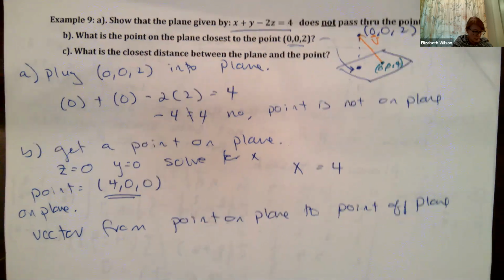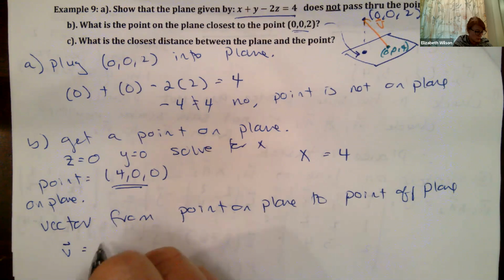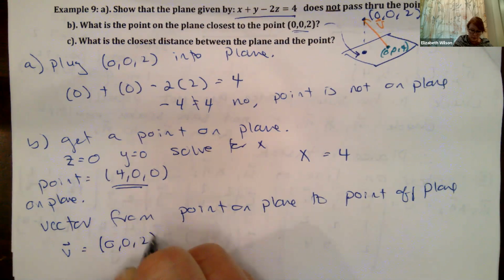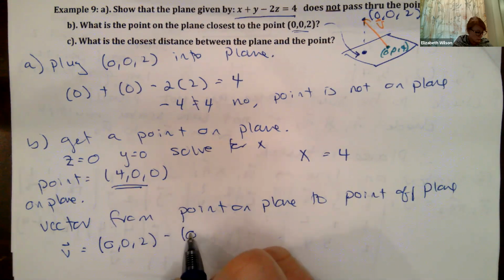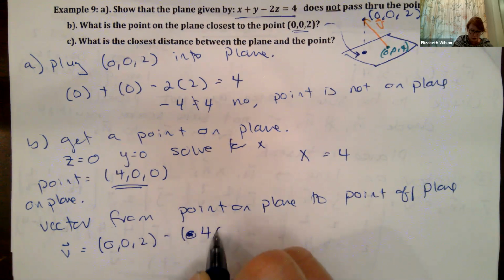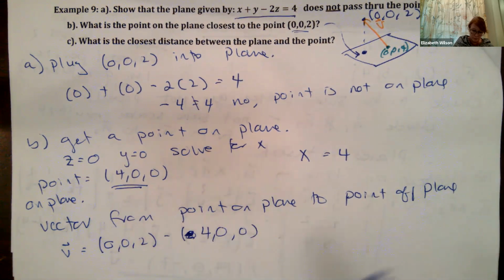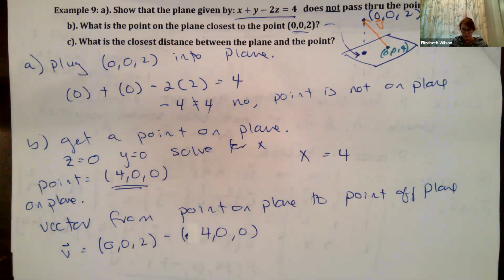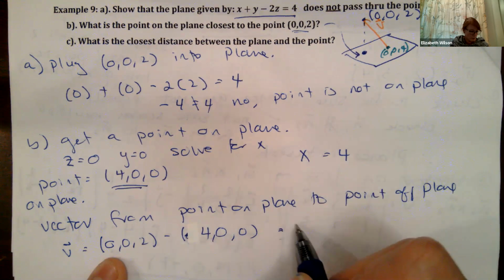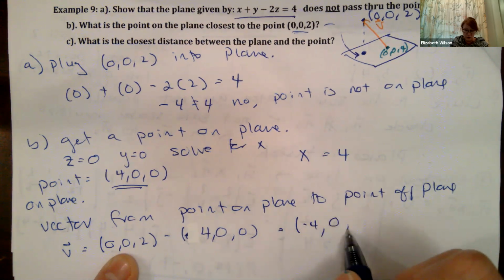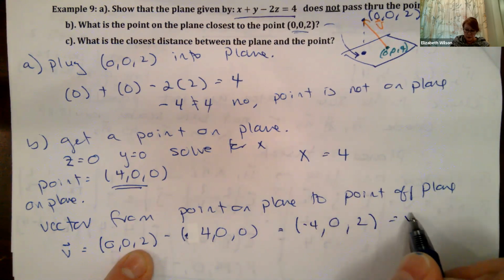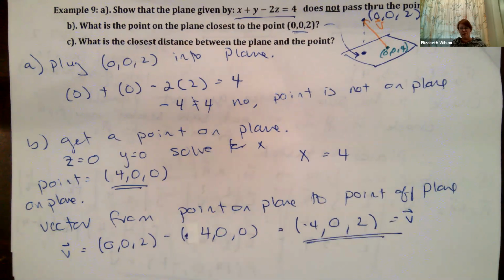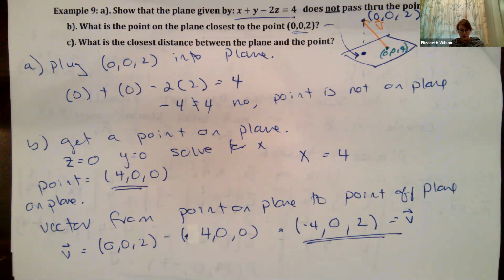Alrighty, so I'm going to go v equals 0, 0, 2 minus, oops, sorry, 4, 0, 0. Okay, so I'm going to get 0 minus 4, minus 4. 0 minus 0 is 0, 2 minus 0. If I went the other way, it's fine. My vector would just be pointing this way.